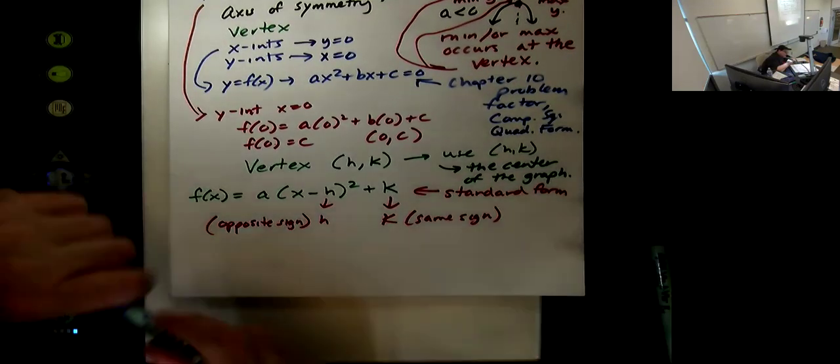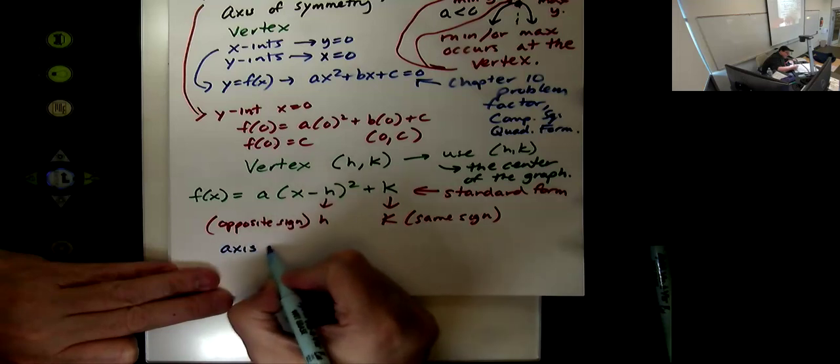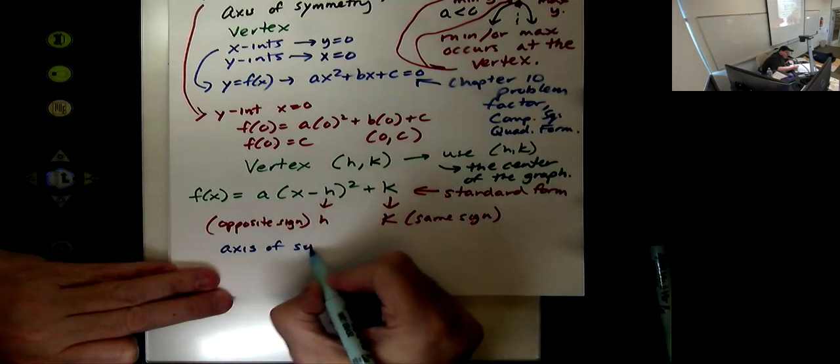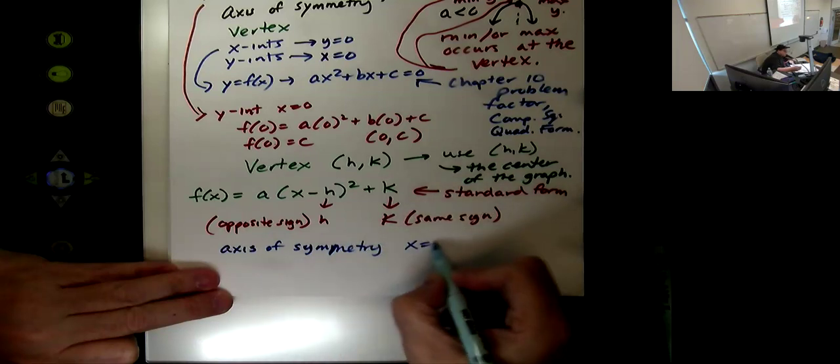And if you have it written in this form, the axis of symmetry is x equals h.